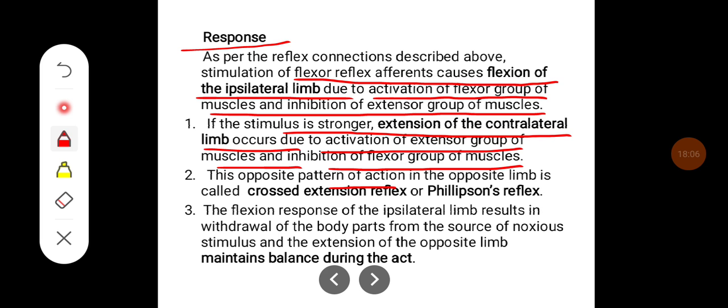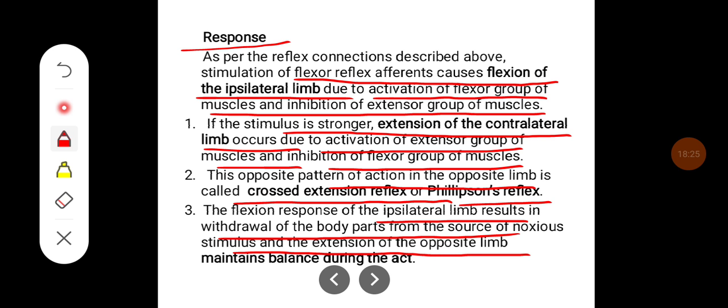This opposite pattern of action in the opposite limb is called cross extensor reflex or Philippson's reflex. The flexion response of the ipsilateral limb results in withdrawal of the body parts from the source of noxious stimulus, and the extension of the opposite limb maintains the balance during the act.